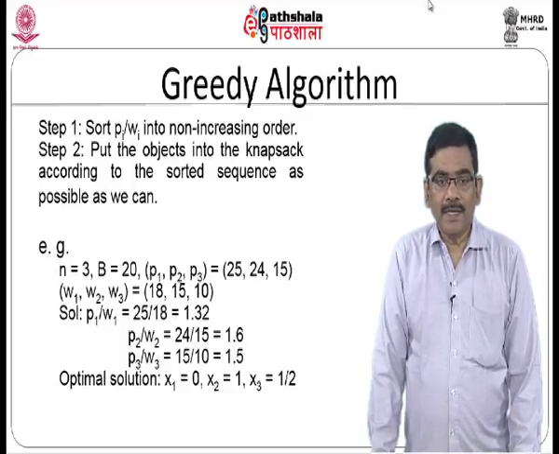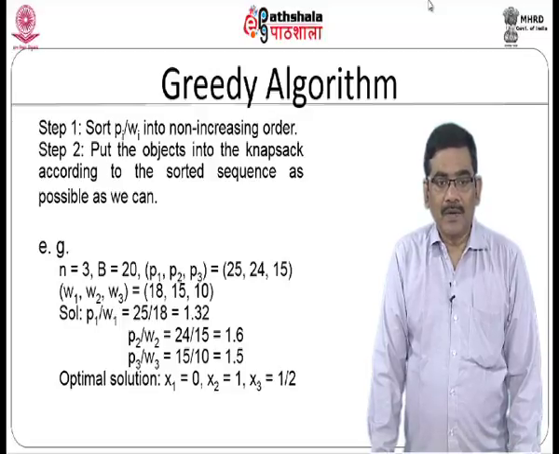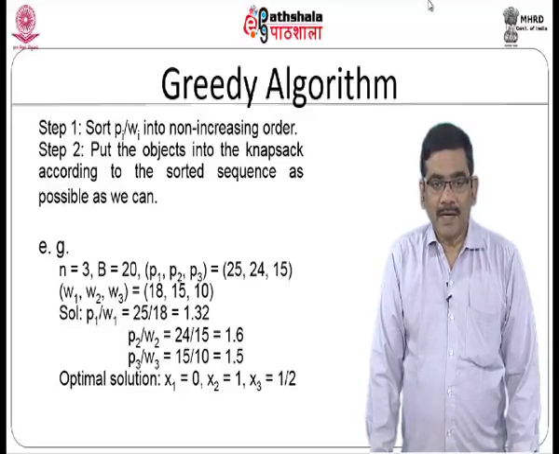So, you take the ratio of Pi to Wi and sort it in non increasing order. So, put items into the knapsack according to the sorted sequence as much as we can. This has to be repeated till the constraints are fully satisfied.